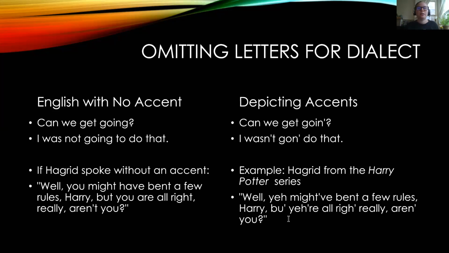You can play with spelling to show how it sounds, but you usually only do it within quotation marks. And this type of writing out dialect is not usually done in academic writing.